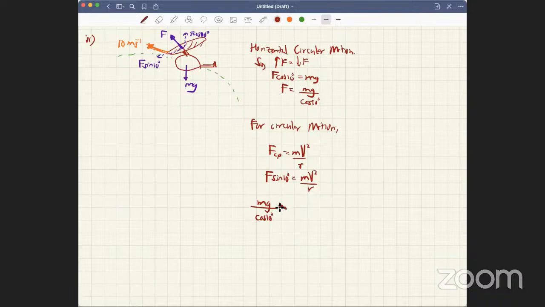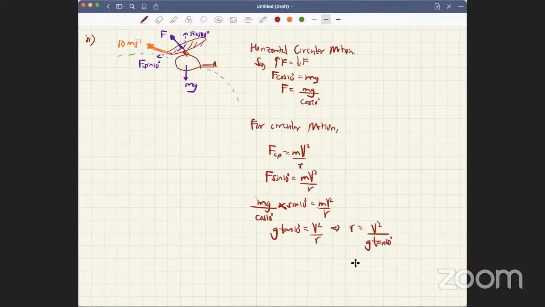So mg over cos 10 into sine 10 equals mv squared over r. Let's simplify that and get it in the simplest form possible. m and m will get cancelled out now. We are supposed to find out r, remember. On the left side I have g tan 10. On the right side I have v squared over r, which means r is equal to v squared over g tan 10. This is what we are getting.